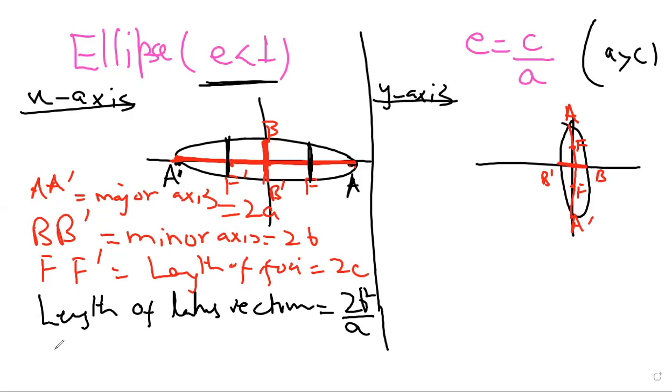The relation between A, B, and C is C square is equal to A square minus B square.